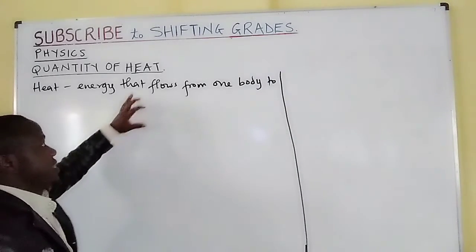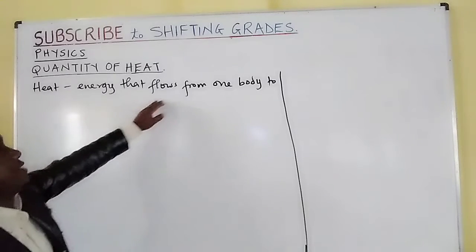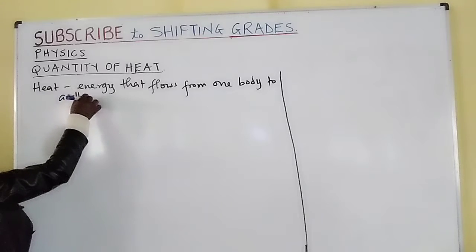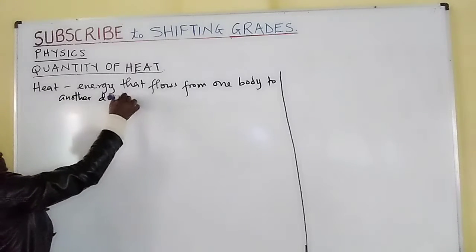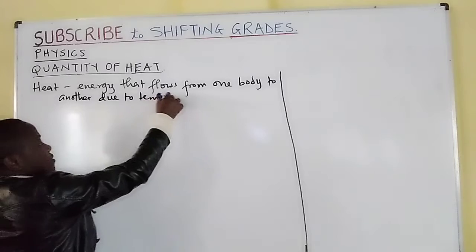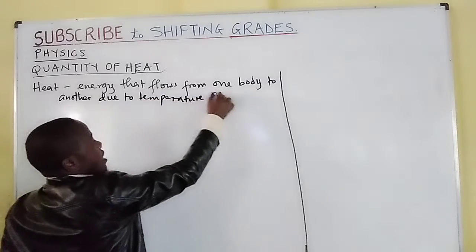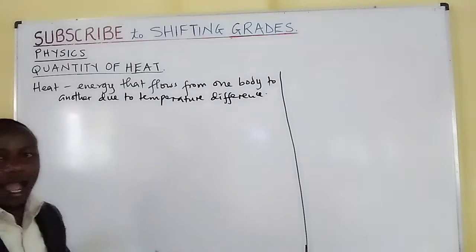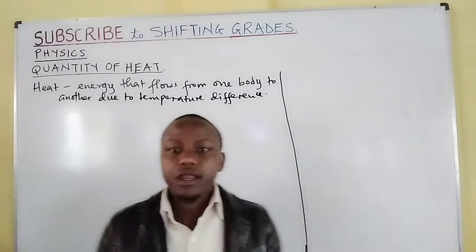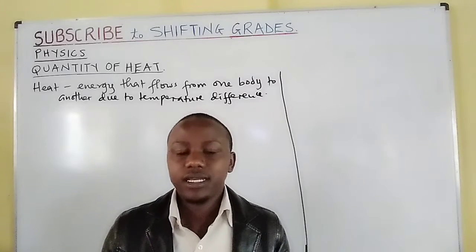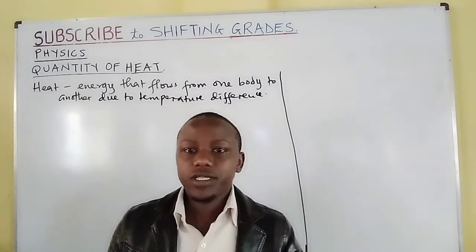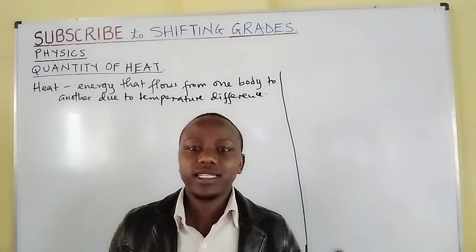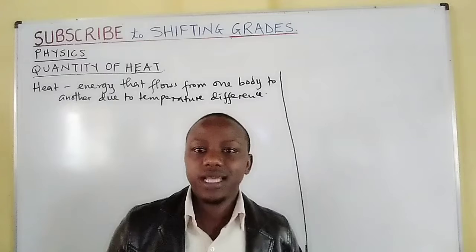Though we know these basic things about heat, it's a form of energy that flows from one body to another due to temperature difference. So when two bodies have different temperatures, it flows from the hotter one, or the one at a higher temperature, to the one at a lower temperature.